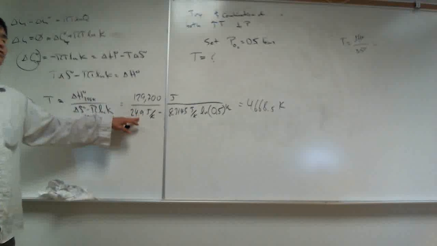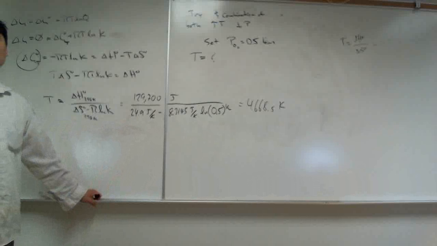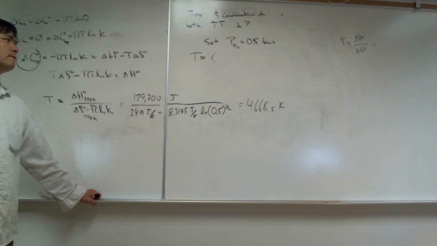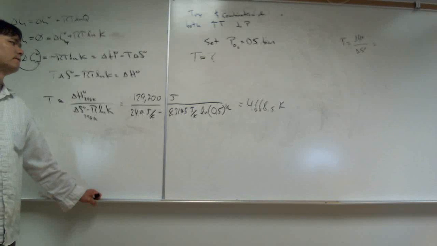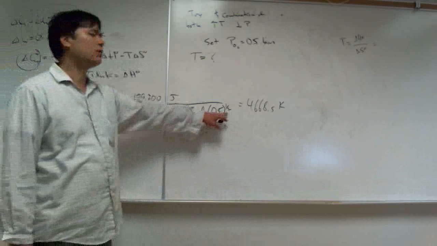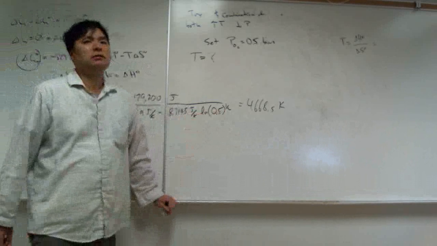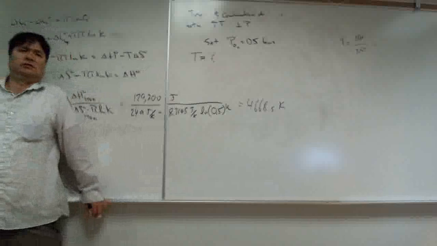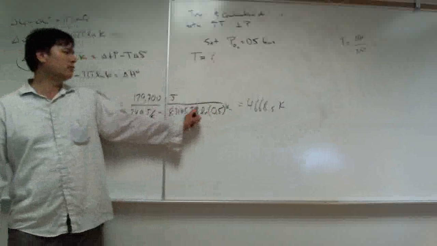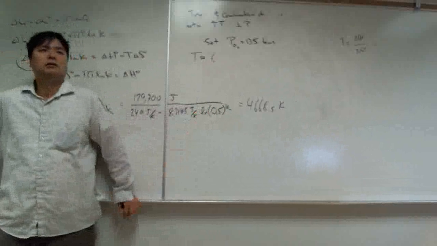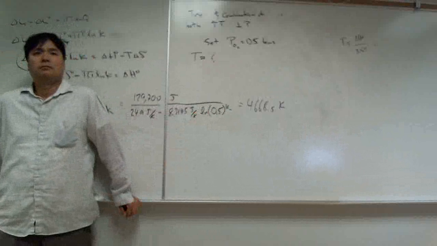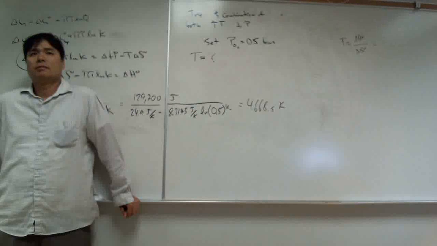Delta S naught is 24.9. Is that 0.5 to the 1/2 power, or ln of 0.5 to the 1/2 power? 0.5 to the 1/2 power, and then natural log. Or you can bring the 1/2 in the front. Do you get the same numbers?